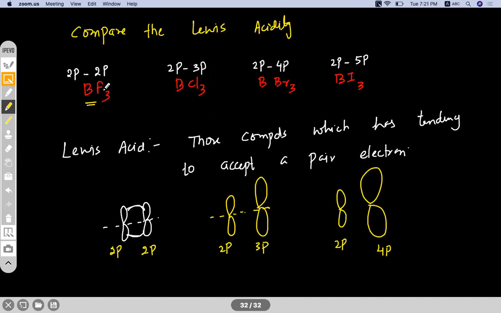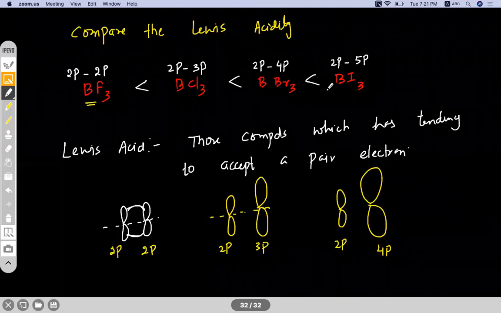So back bonding tendency is maximum in BF3 and minimum in BI3. Lewis acidic behavior is nothing but the tendency to accept electrons. BI3 is the most electron deficient molecule. Hence the order is this, Lewis acidic behavior. Yes, did you understand this?